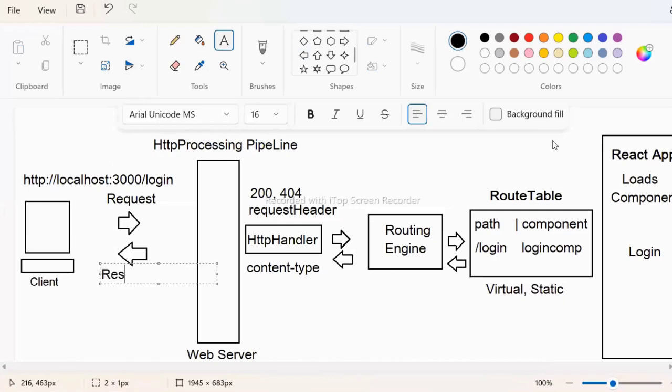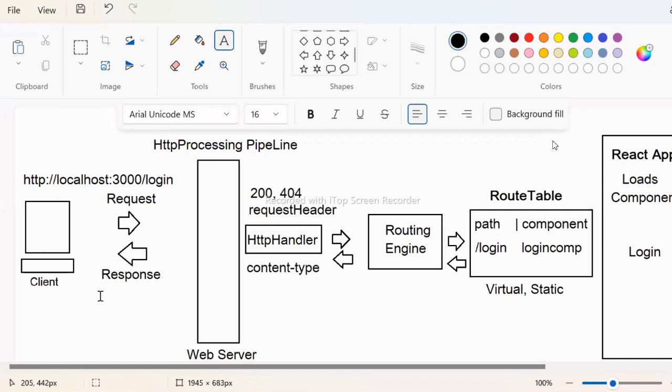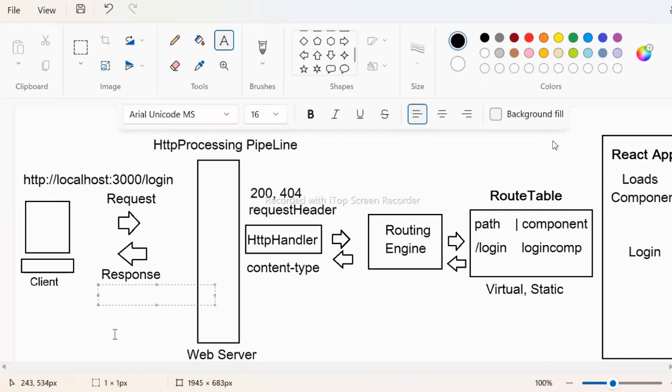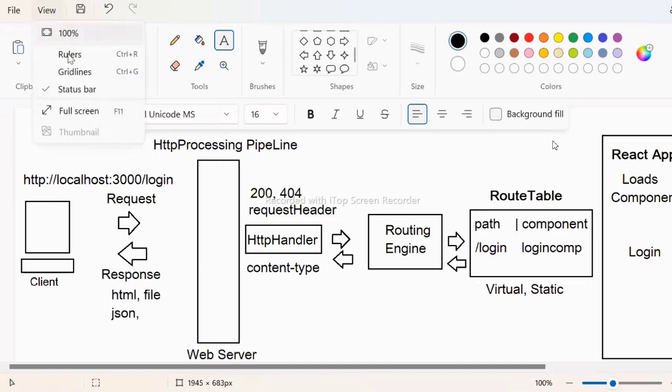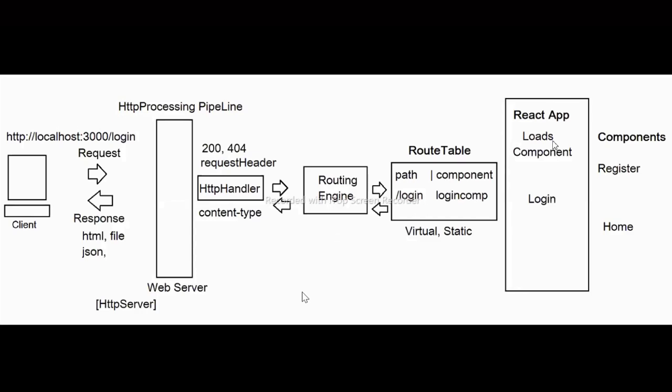As I already told you, the response can be an HTML response, a file response, or a JSON response. It's not always HTML; the response can be of various types. This is the basic high level of how it works. I hope it is clear up to this point.